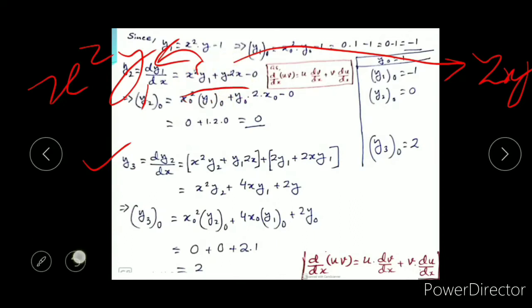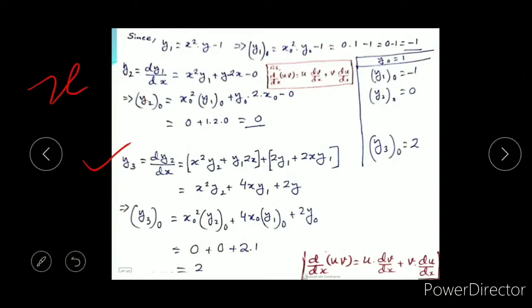For x square y1, the first function will be x square and the second function will be y1. From this formula, the derivation of uv equals u dv/dx plus v du/dx, that is, the first function into the second function's derivative plus the second function into the first function's derivative.